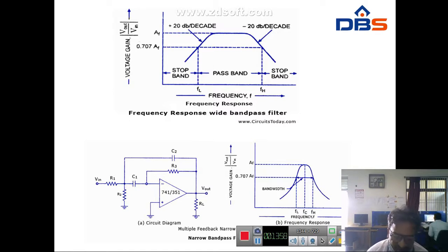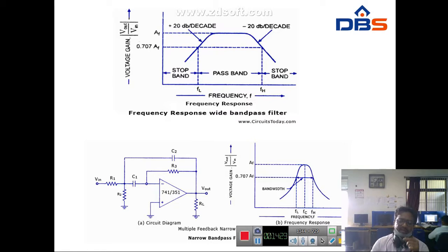It has two feedback paths. R3 is connected in one feedback path and another feedback is connected through capacitor C2. So in this narrow band pass filter we have two feedback paths, hence we name it a multiple feedback filter.